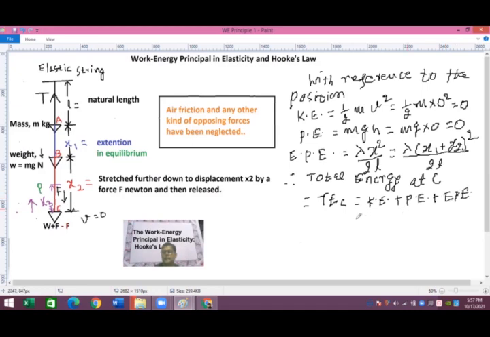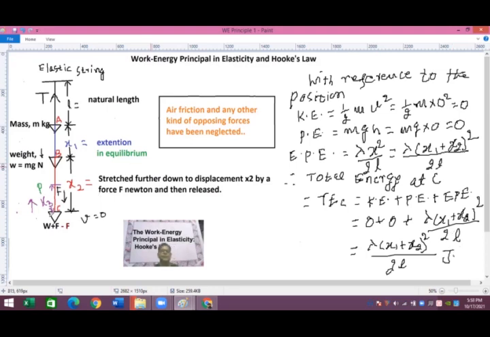And we have already seen that kinetic energy at this point is 0 and potential energy is also 0, but elastic potential energy is lambda (x1 plus x2) squared divided by 2 times L. That means L is the original length, and finally it is lambda (x1 plus x2) squared over 2L joule.